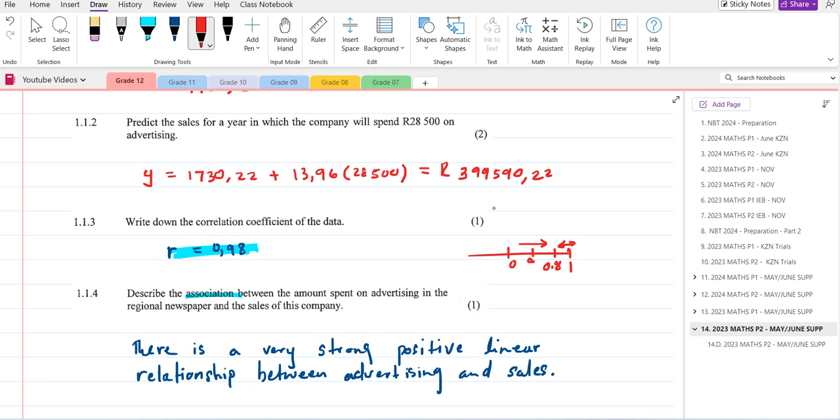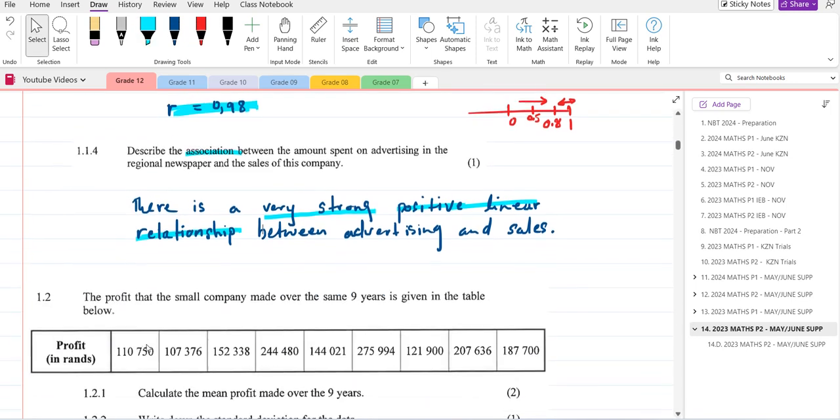Remember, 0.5 is weak. Here it's 0.98, so you have to say strong positive linear relationship. These are the keywords: positive linear relationship, and the strength, whether it's very strong, weak or moderate. You need to say all that. I hope you guys understood that.